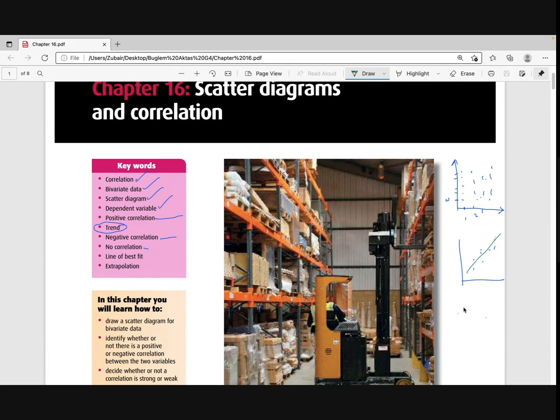For example, we are compiling data from a gym, and I say this is the age and this is the weight. Let's say we may have someone whose age is 60 years, and he may weigh 50 or 60 or 70 or 80. So we may have multiple values for this type of data.